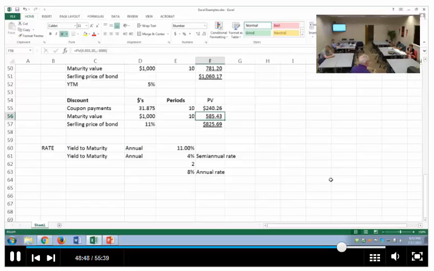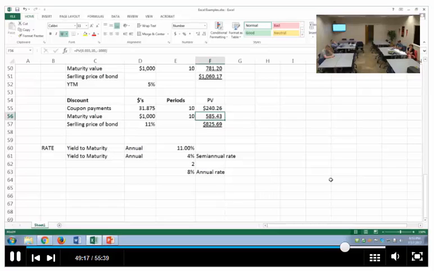But I would recommend you don't use the yield function, you use the rate function. The yield function works on the issue date and the retirement date, and when I say date, I mean like 1/1/17 and 12/31/30. And if you screw that up, you get a funky answer.